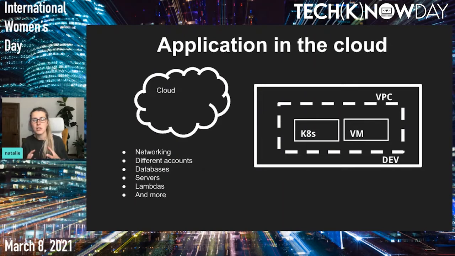So an application or service requires not just code to be written, but to put it in an infrastructure environment, it needs a lot of other supporting tools or sets of tools or resources to function appropriately and actually to do the job it was meant to do.